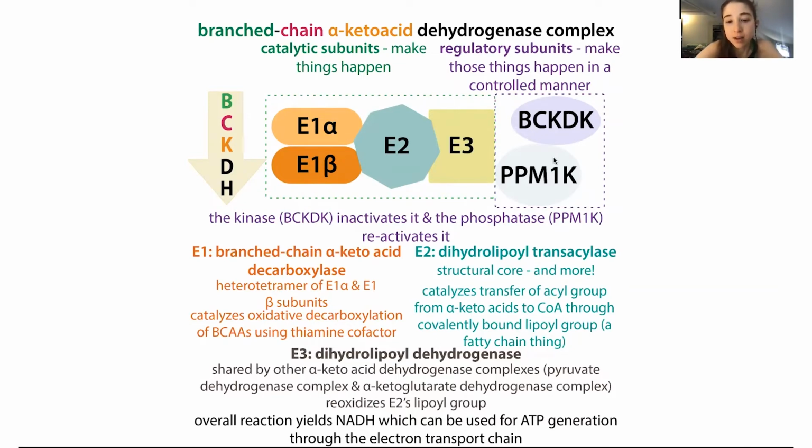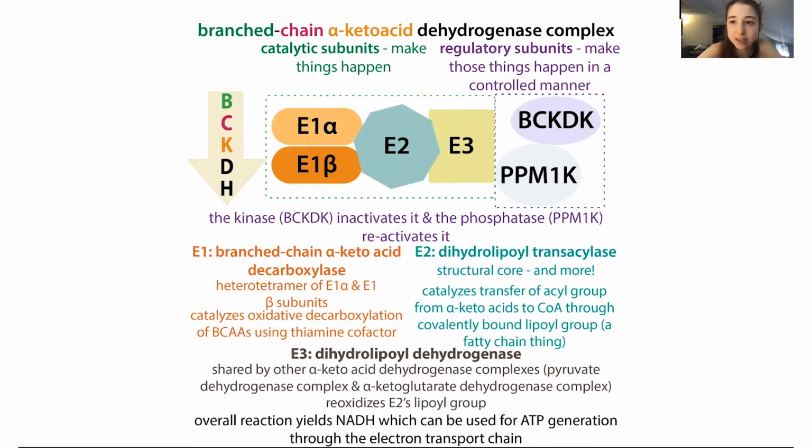It's also important to note that this oxidative decarboxylation is basically irreversible. So it's a committed step in the breakdown. You want to make sure that you really do want to break down those amino acids before you enter this pathway, so you want this to be tightly regulated. This complex is regulated by these regulatory subunits. BCKDK is a kinase, and it is going to add a phosphate group to E1, and this is going to inactivate it.